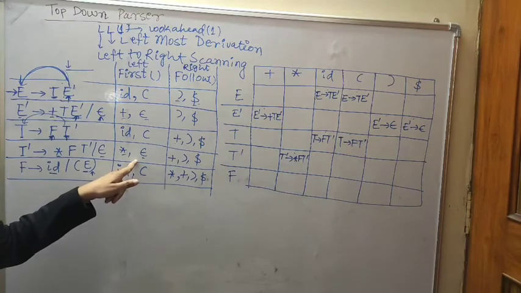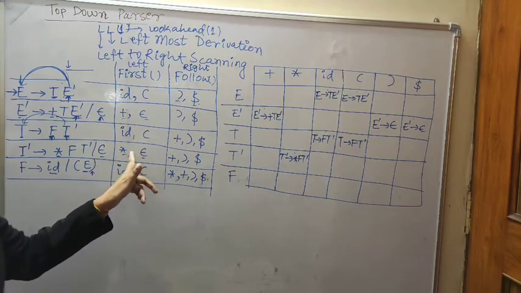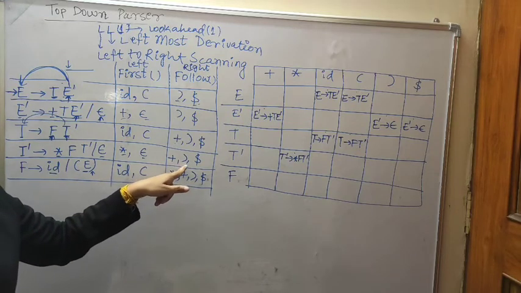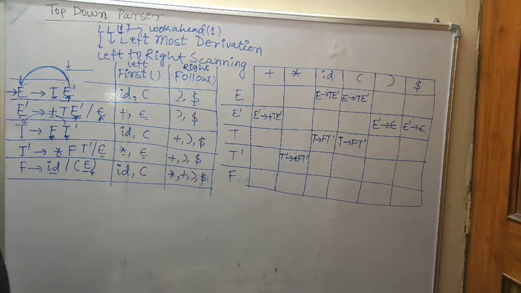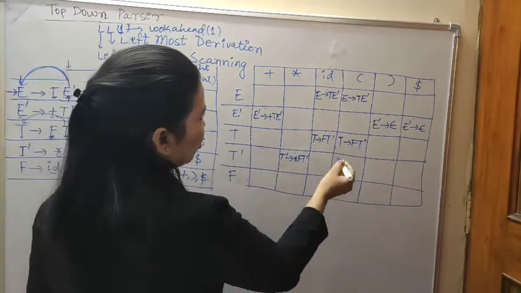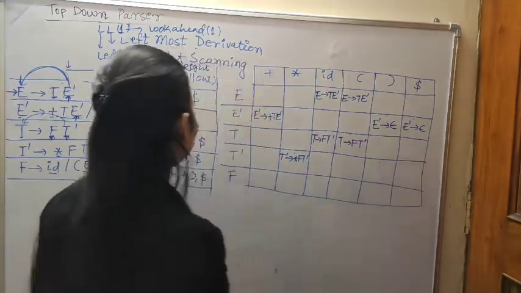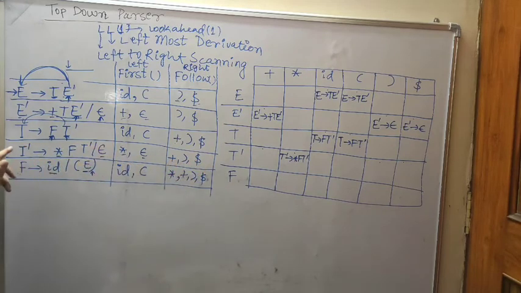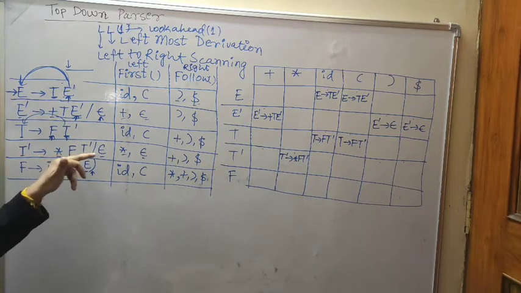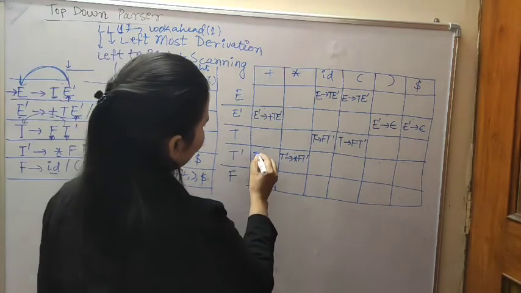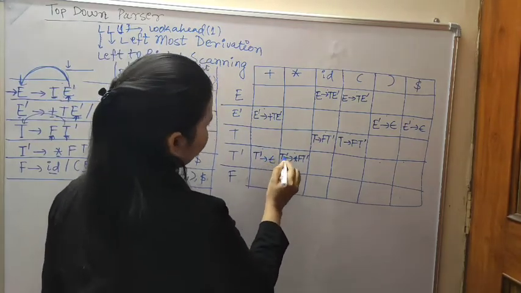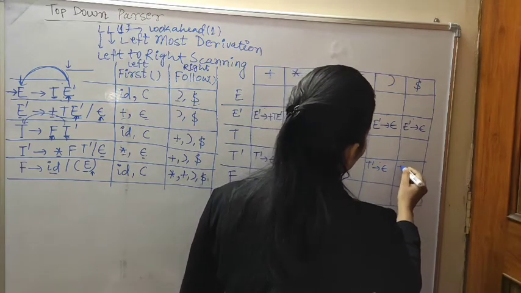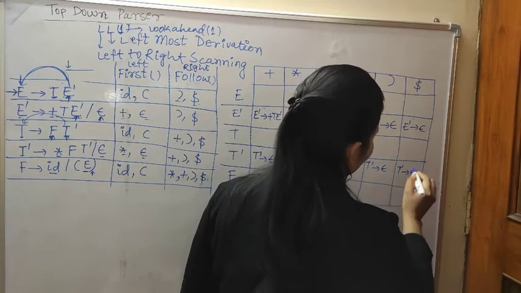And epsilon is given; because of epsilon we move to the follow function, which is plus, close braces and dollar. These three places, because we are taking the follow function, we write the production rule T dash to epsilon. Write down T dash to epsilon.